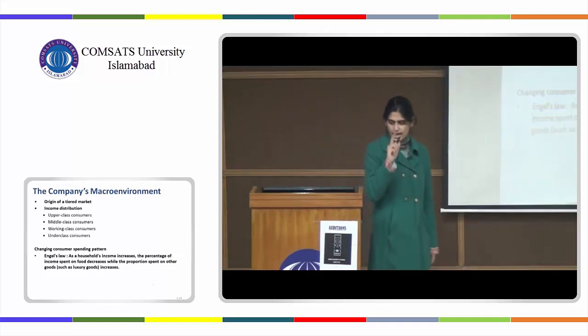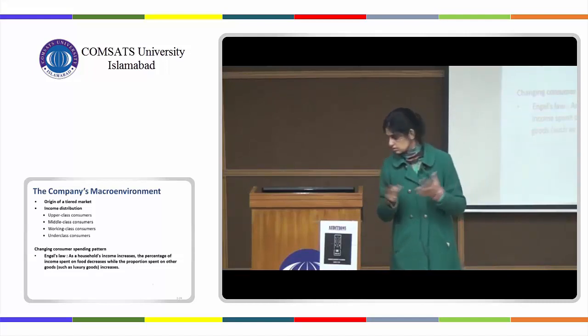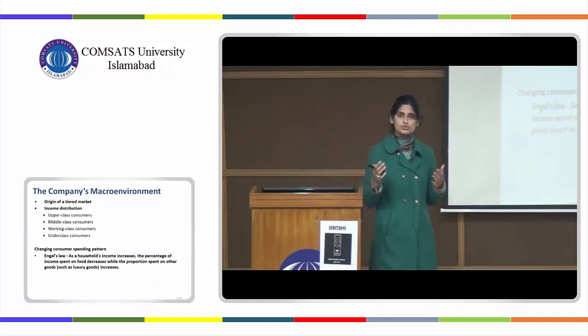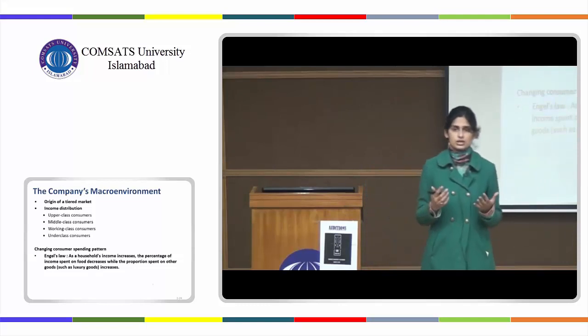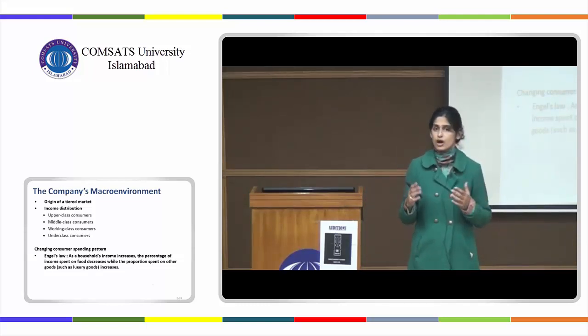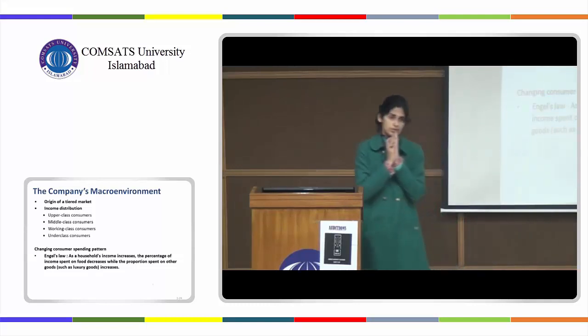This is how your book has sort of created income distributions in the society. So based upon these income distributions, you create a product. For instance, if you're creating a product for higher end customers, you would be targeting the upper class.